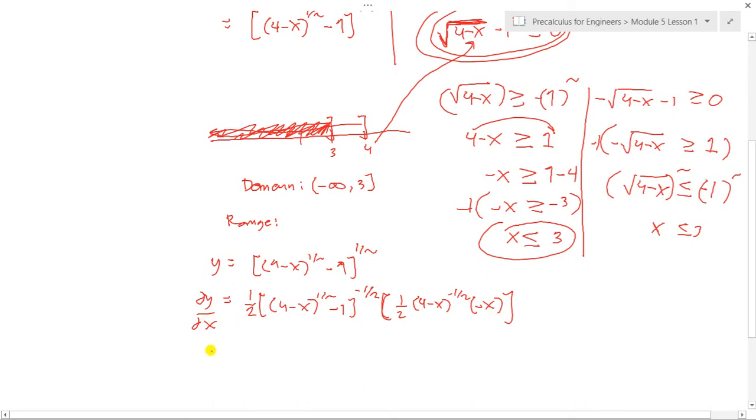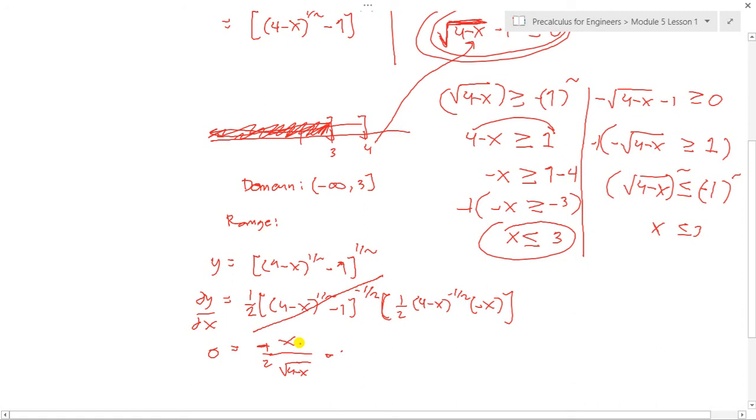Since we can equate this to 0, you can cancel this entire thing right here since it is common. So we only have 1/2 or 1 over the square root of 4 minus x, and then that is negative x.